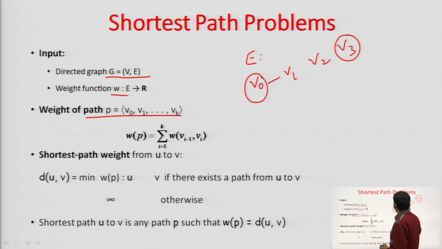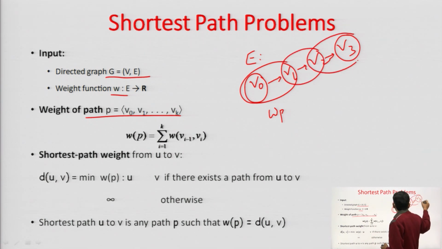So the path is V0 to V1 to V2 to V3, and the cost of this path would be the cost of edge V0 V1, the cost of edge V1 V2, and the cost of edge V2 V3. So, you will sum all these costs, and then you will find the total cost of the path.